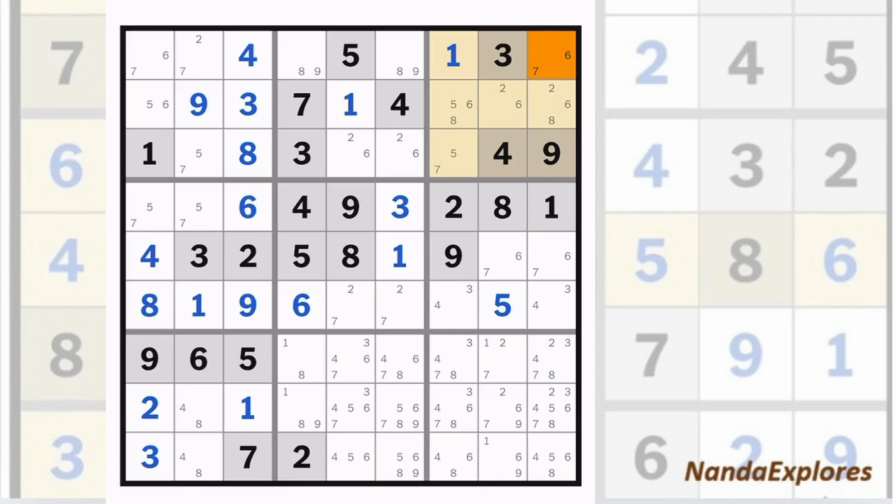So now what happens is that this is 7, 6, 7, 6. That means we need to remove 7, 7 from here. Similarly, 6 also needs to be removed from here. 6 and 6 need to be removed from here. Now, since 4 has come, here we need to remove 4.